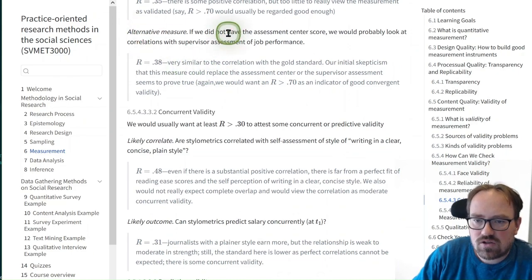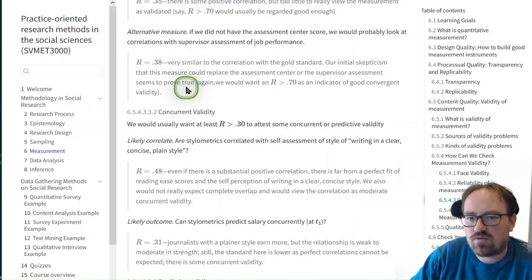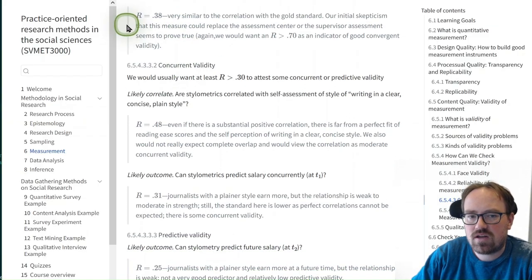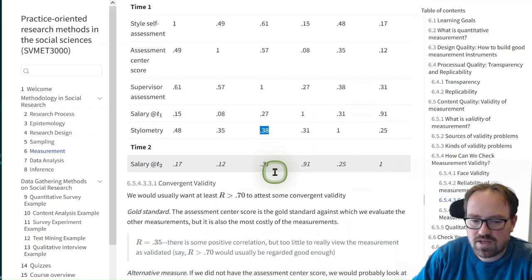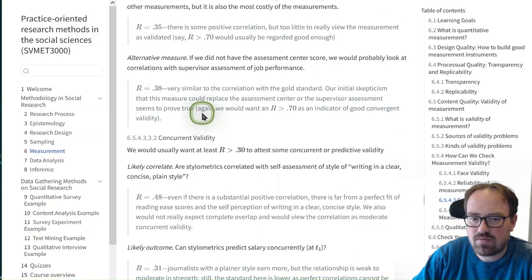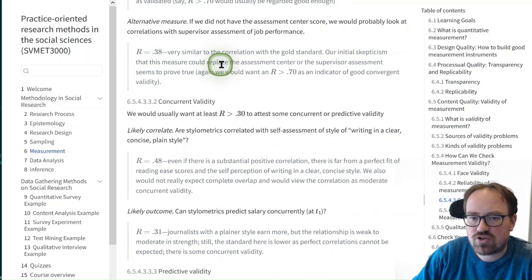Or we use an alternative measure, maybe look at supervisor assessment of job performance. There we find a correlation of 0.38. So that's also not very impressive. Our initial skepticism that this measure could replace the assessment center or the supervisor assessment seems to prove true.